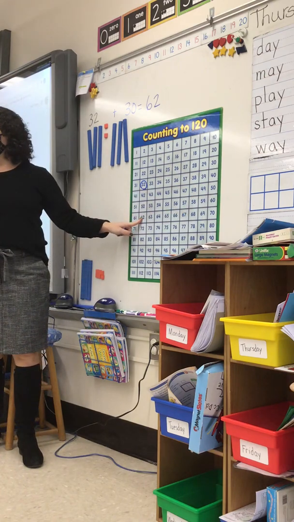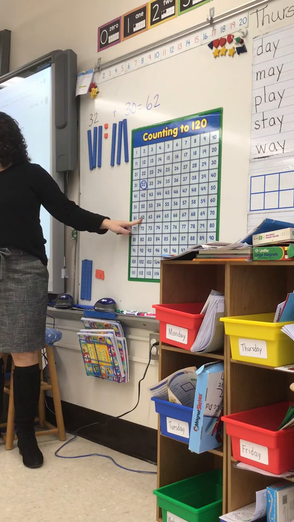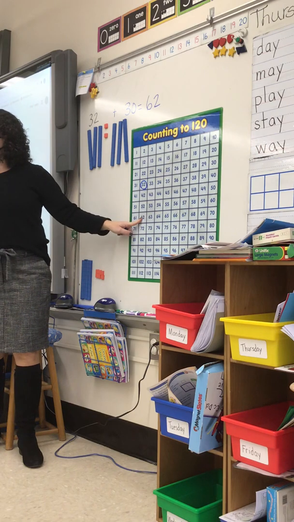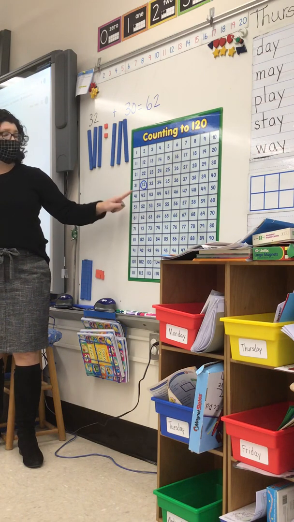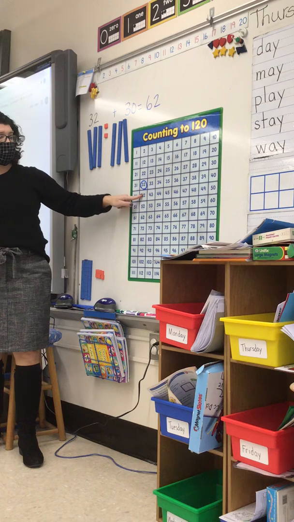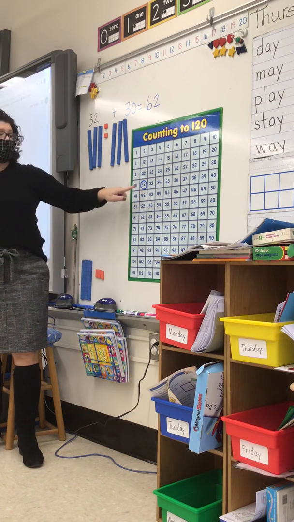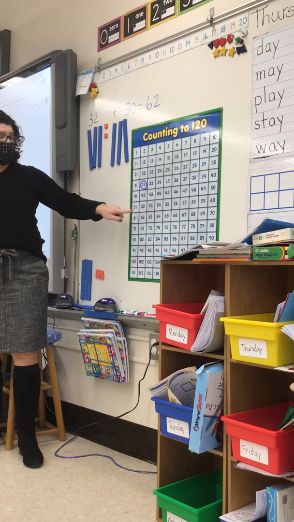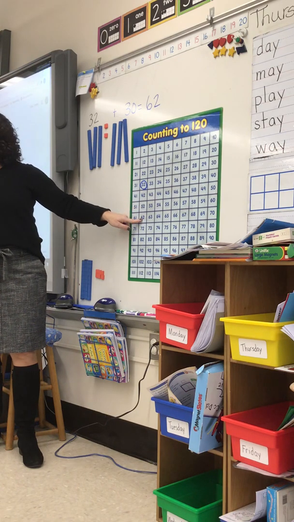I could do 10 3 times, but it would be easier for me to do 3 10 jumps. So I would do 10, 20, 30, or 3 tens. 1, 2, 3. When I jump down 3 times, you do it on your 100 chart.